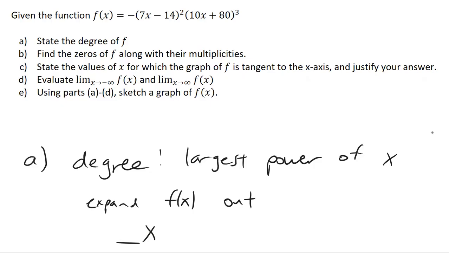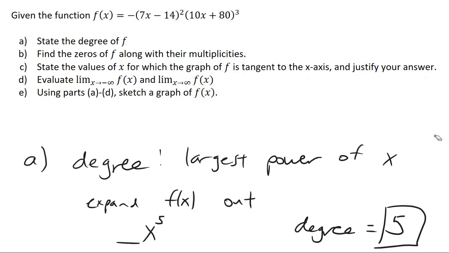It'll be to the 5th power, because from the squared, you'll have something x squared, and over here, the biggest degree will be something x cubed, and then when you multiply those two polynomials together, you'll get the x to the 5th. So the degree is 5.